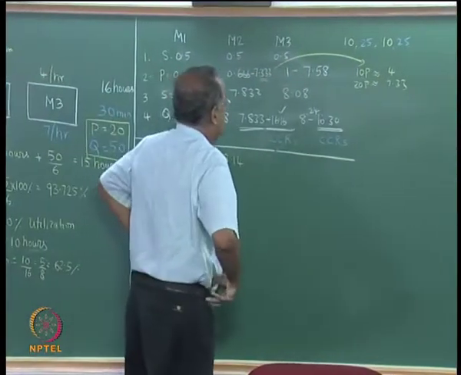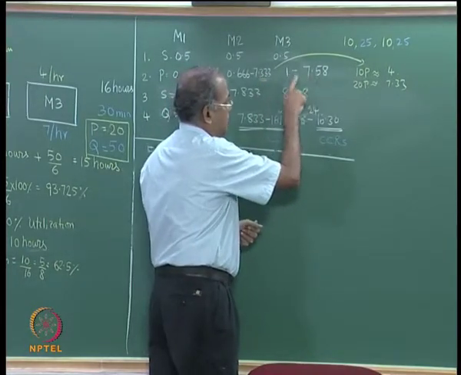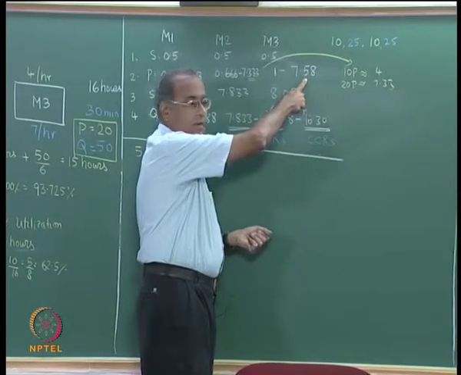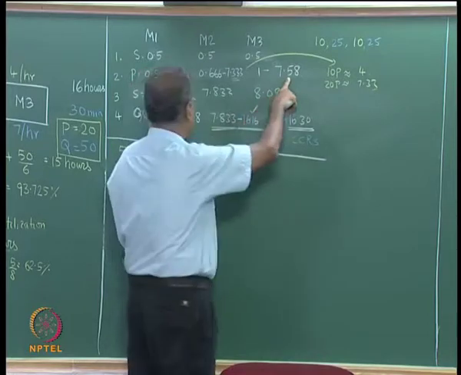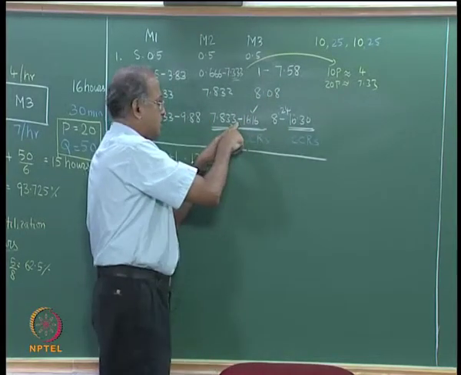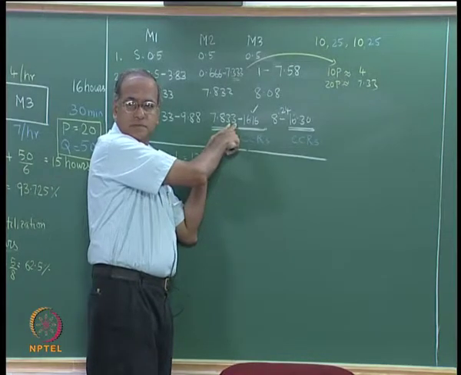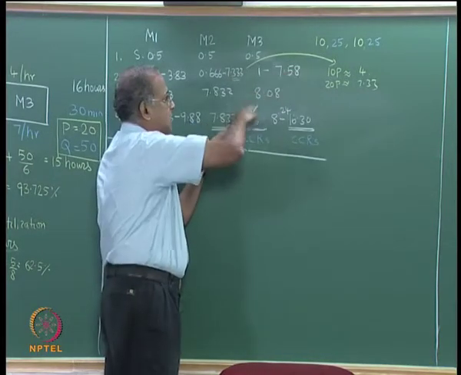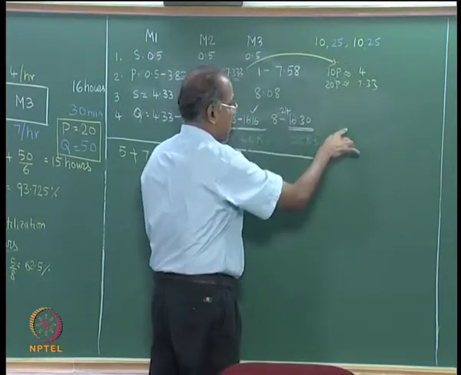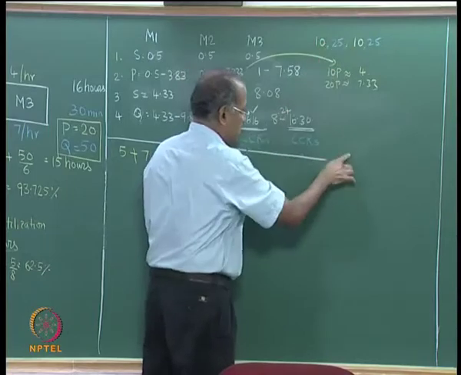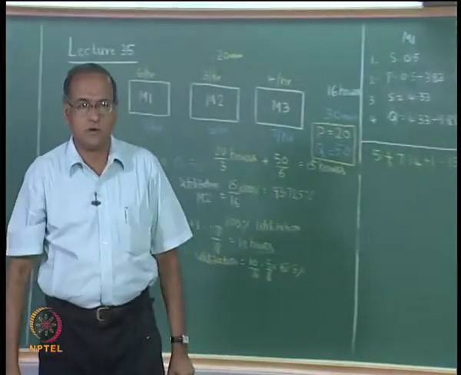Now, I can change over and I can actually produce 10 of P here, but if I have to start another 25 of Q, I have to wait till nearly about time equal to 12 for this to produce 25 of Q. So, to that extent I have to keep this idle and then I have to produce 25 of Q, go back and produce 10 of P and again produce 25 of Q. This will become far higher than 16.30.